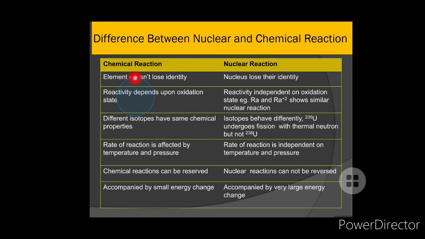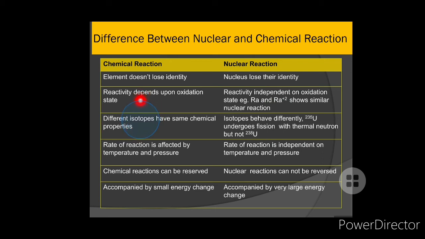The reactivity in chemical reactions depends upon the oxidation state, meaning in different oxidation states the elements behave differently. Whereas in nuclear reactions, reactivity is independent of the oxidation state. For example, radium in 0 and +2 oxidation states shows similar nuclear reactions.